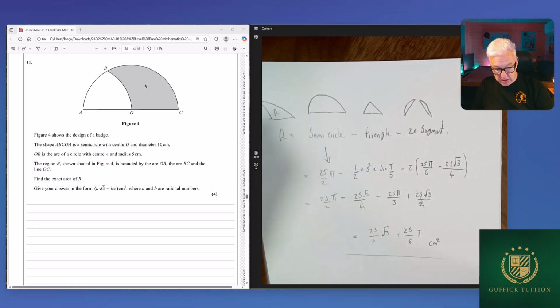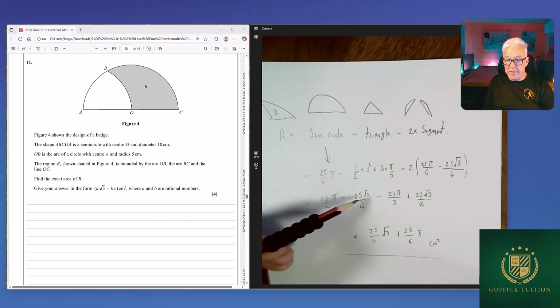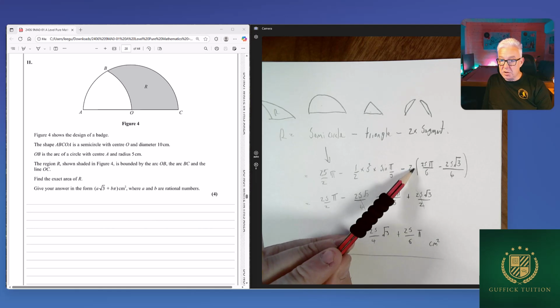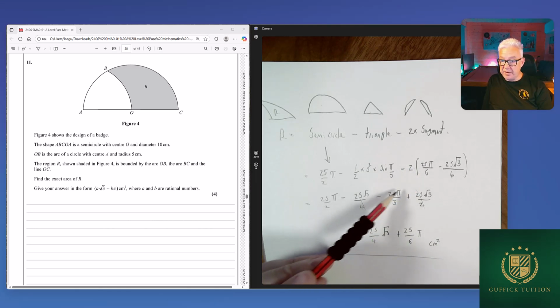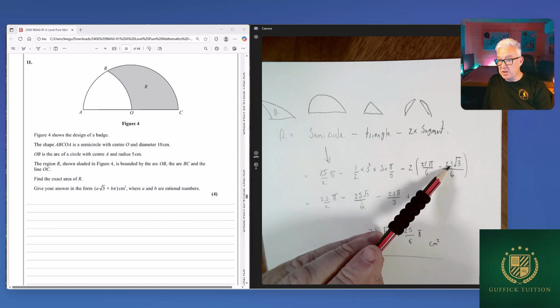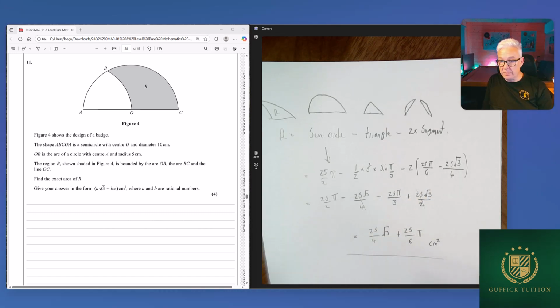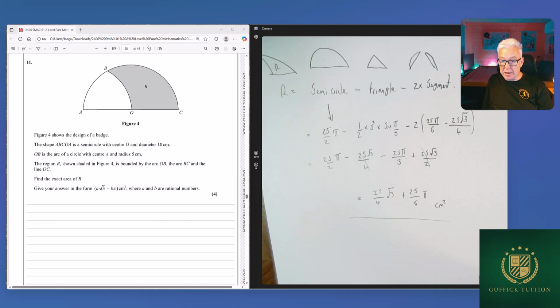So we've got 25 pi over 2 minus half ab sine C, which is 25 root 3 over 4, minus 2 times 25 pi over 6, which is 25 pi over 3, and 2 times minus 25 root 3 over 4 is plus 25 root 3 over 2. So now we can collect like terms.